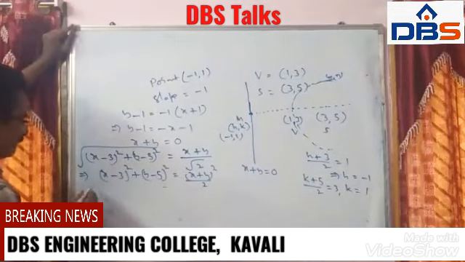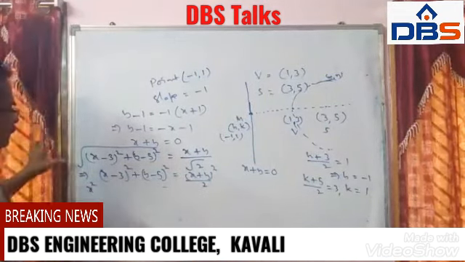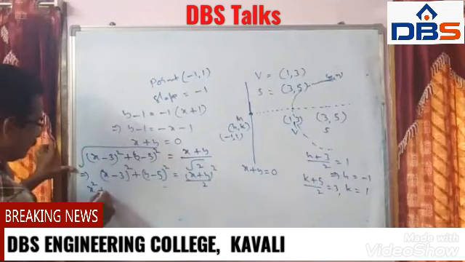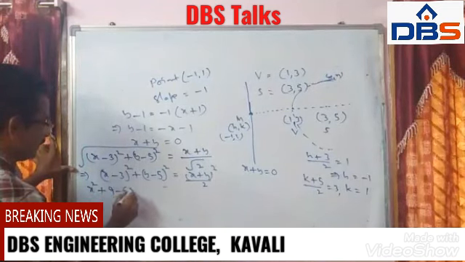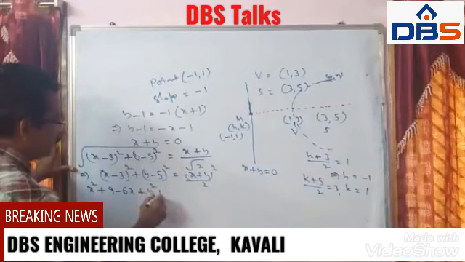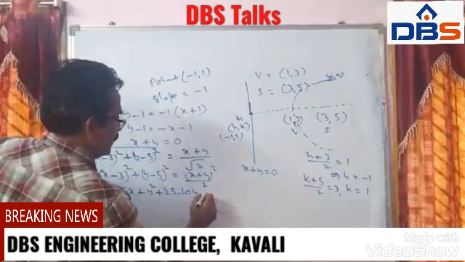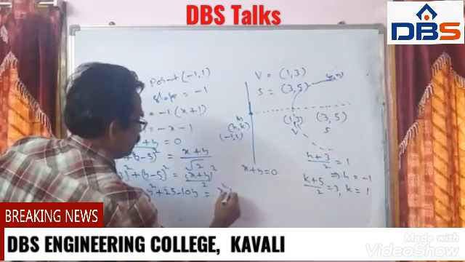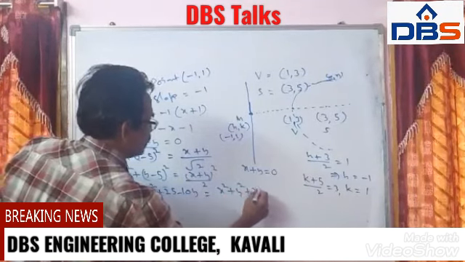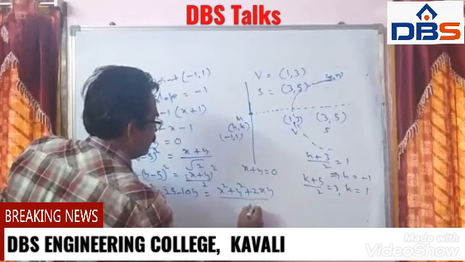Let us simplify this equation, friends. x square plus 9 minus 6x plus y square plus 25 minus 10y is equal to x square plus y square plus 2xy, by 2.